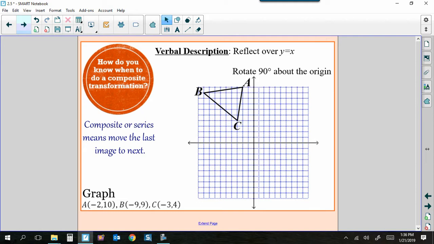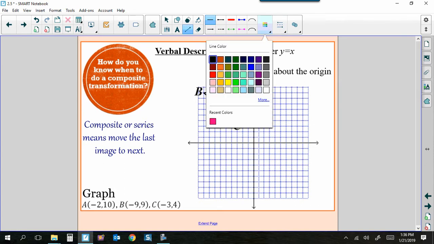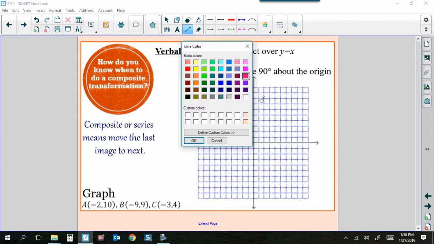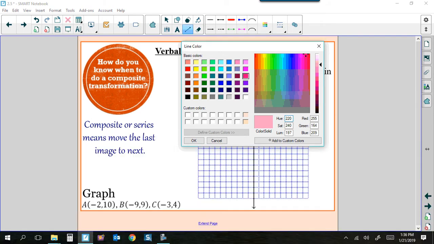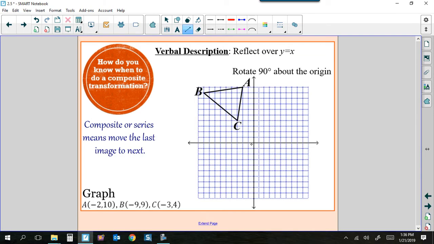Okay, so now we're going to take triangle ABC and reflect it over the line y equals x. Remember, the line y equals x goes right through the origin with a slope of 1 over 1. So it's this diagonal line going right through the center of the coordinate plane that you are given. On that line, every point you graph has a y value equal to its x value.